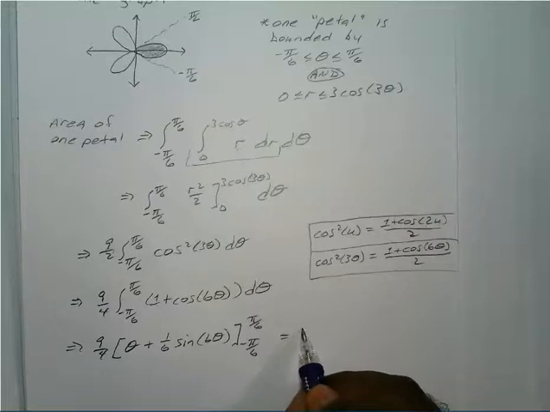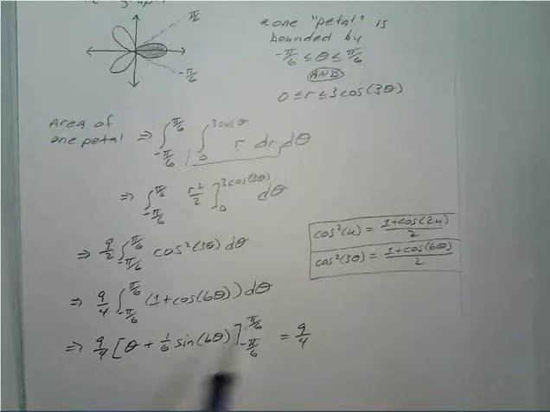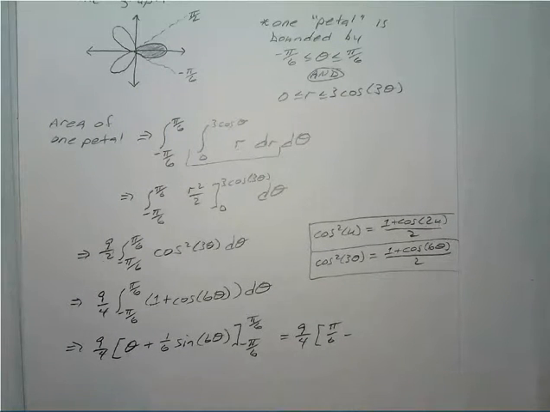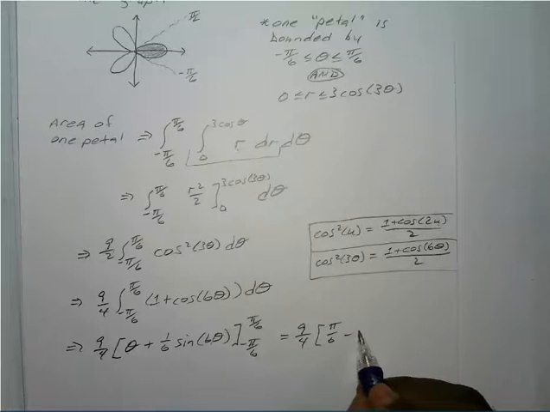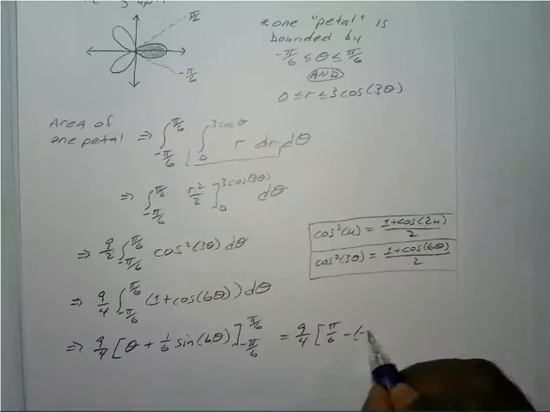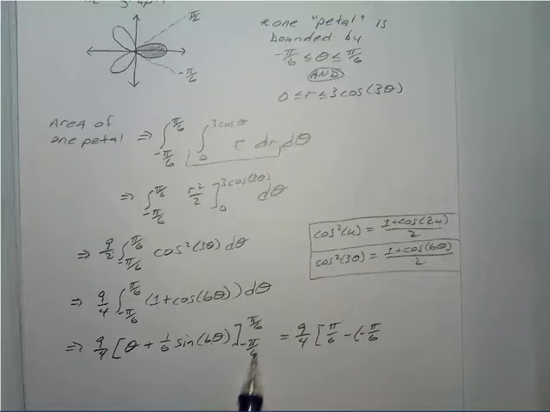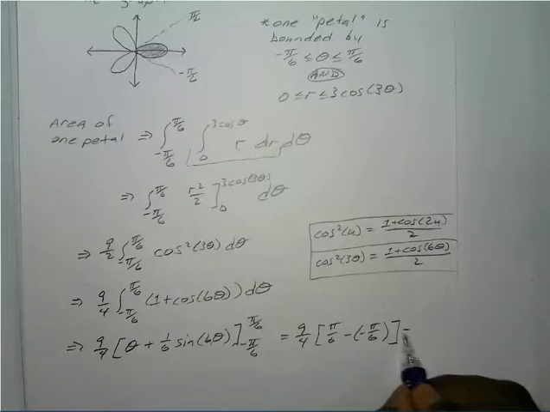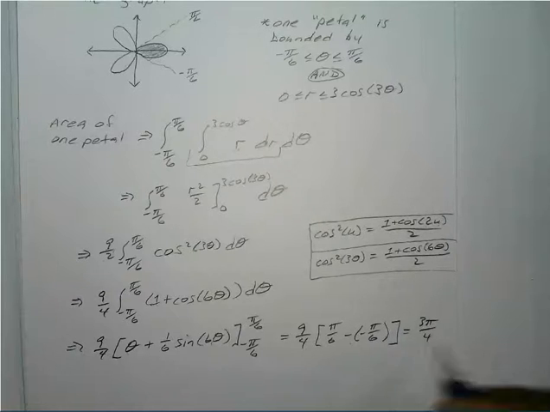So if you plug in pi over 6, that gives you sine of pi, which is 0, so we can leave that. Minus, you plug in negative pi over 6, that gives you negative pi, and sine of that is just 0, so we can leave that. So we have 9 over 4 times 2 pi over 6. That actually simplifies to be 3 pi over 4.